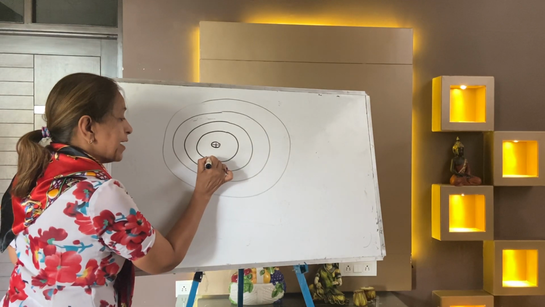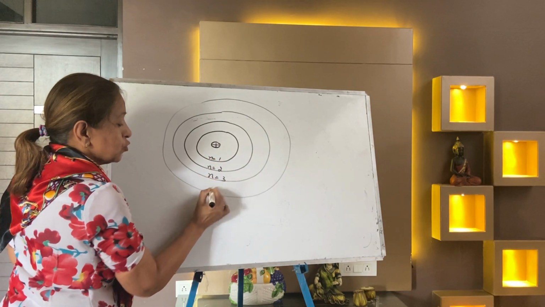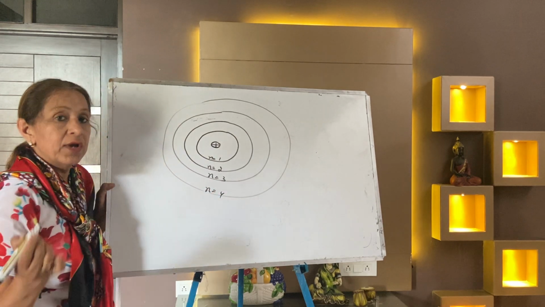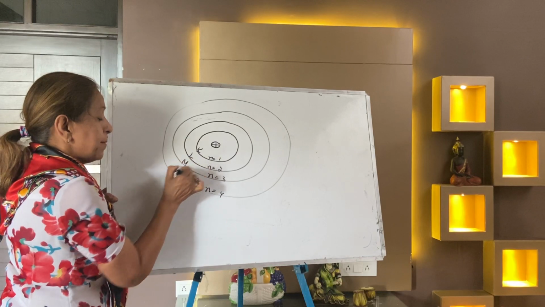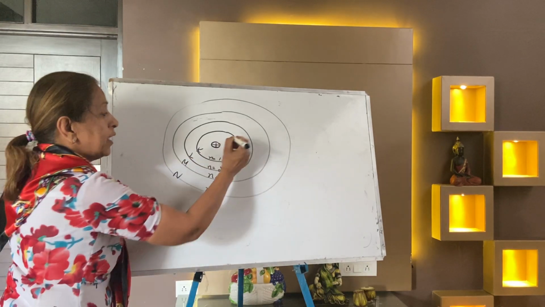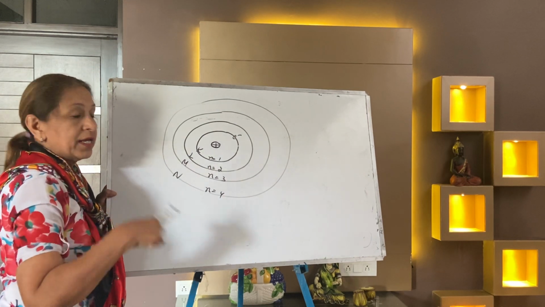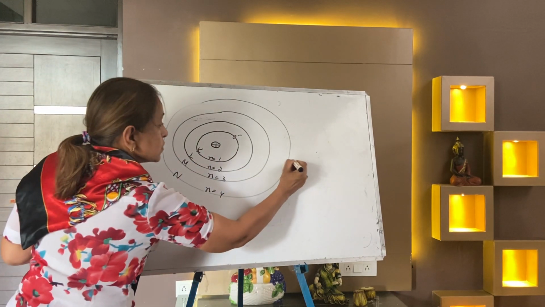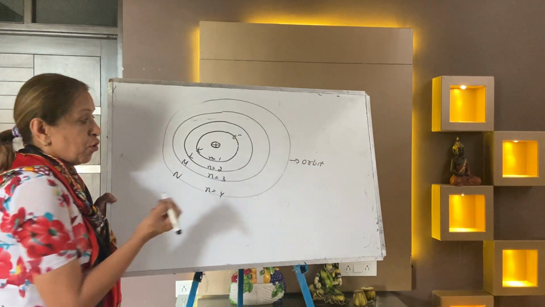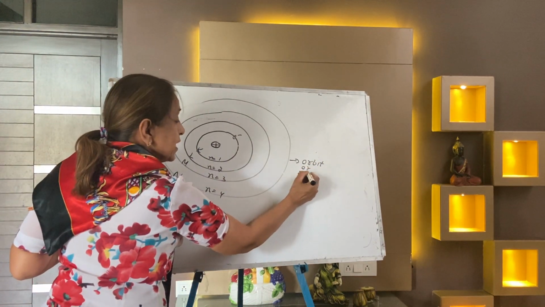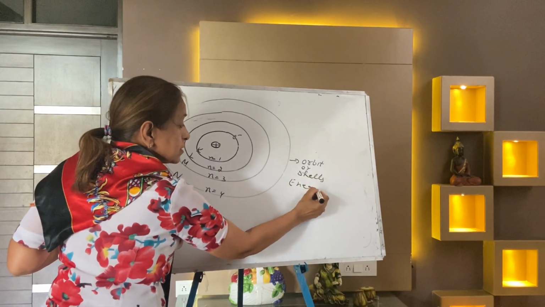He named them n = 1, n = 2, n = 3, n = 4 and so on. They are K, L, M, N. Electron only flows in these orbits. This is called an orbit, a circular path. You may call it orbit, shell, or energy level.